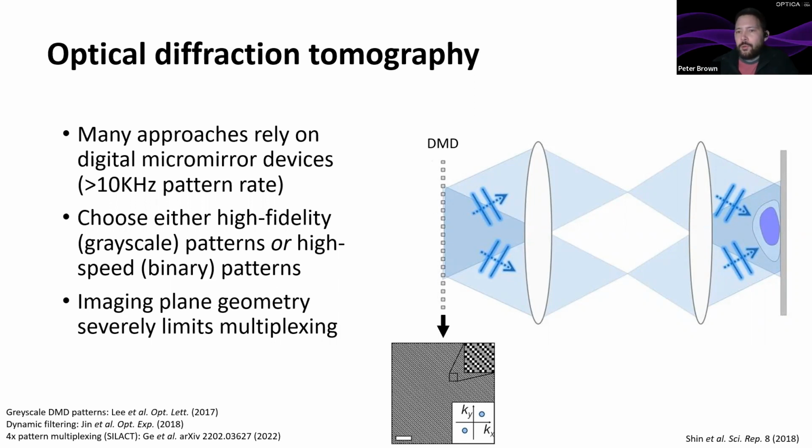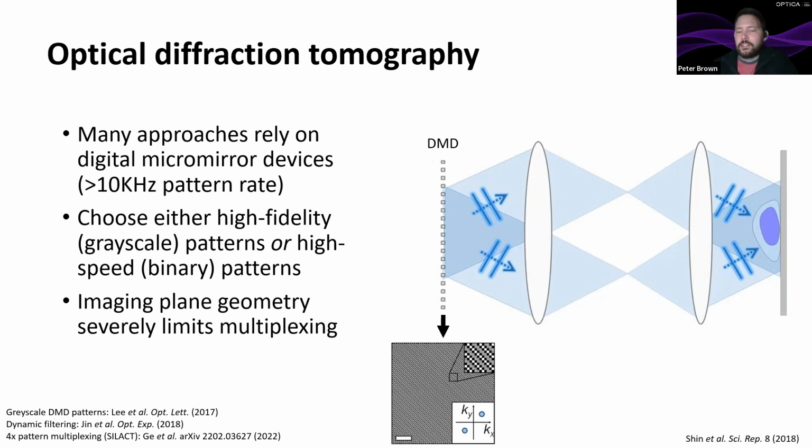On the other hand, we can use grayscale patterns by time averaging several patterns together, which eliminates the unwanted diffraction orders, but entails a loss of speed, typically of one order of magnitude in the imaging.